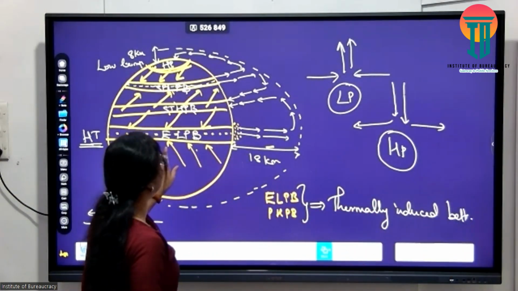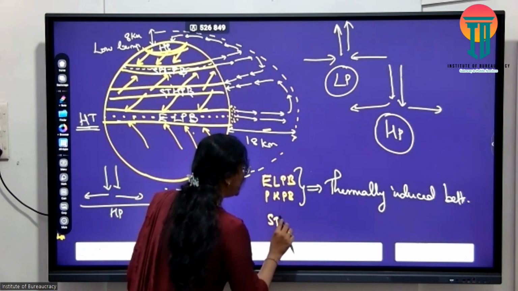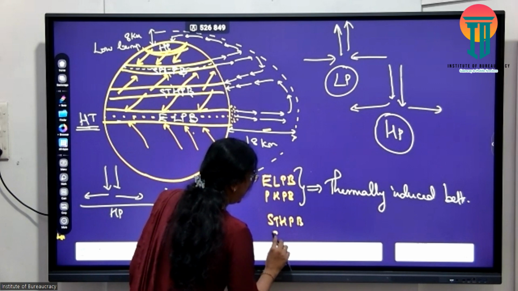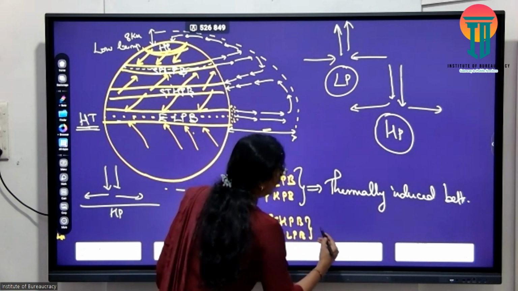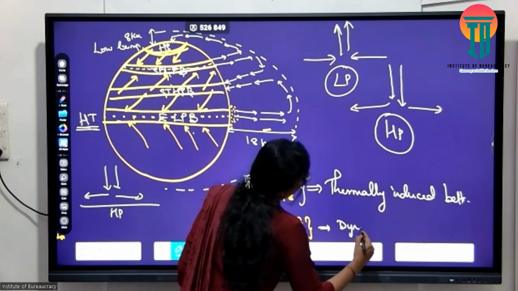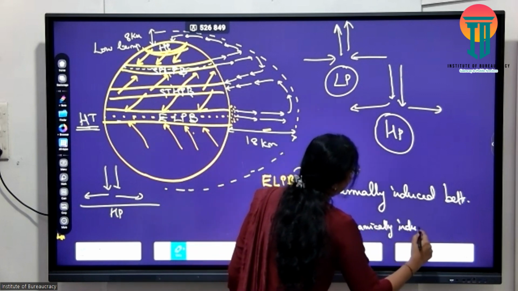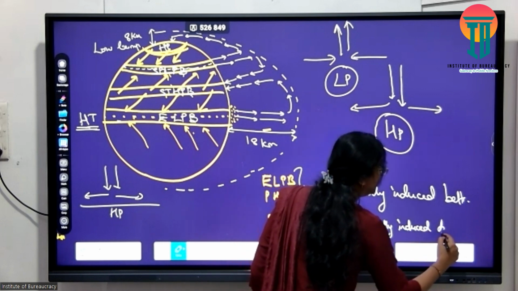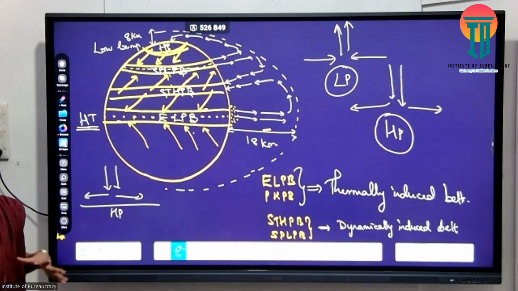Whereas the other two, the subtropical high pressure belt and the subpolar low pressure belt, are referred to as dynamically induced belts, meaning the ascendance of air is not primarily because of temperature but because the dynamics of air movement induce the formation of these belts.